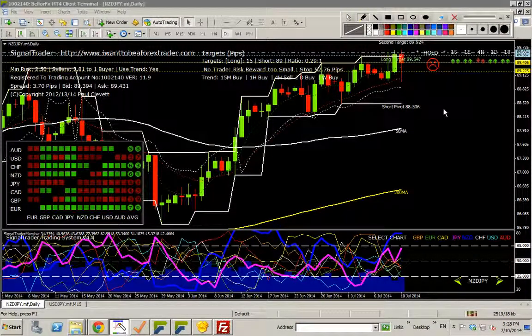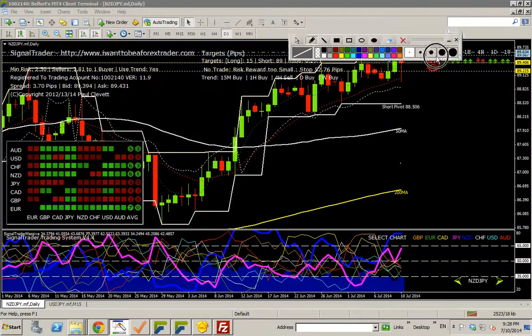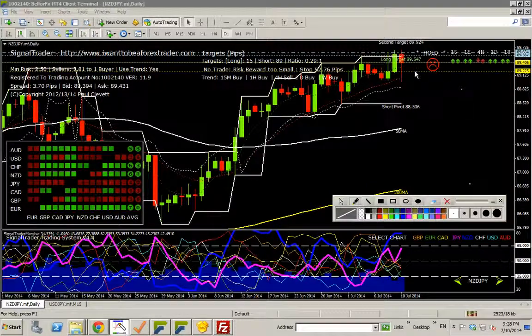The first thing we do is we only trade if we're above the 50 period moving average on the daily chart, we trade long. If we're below it, we trade short. In this case, we're looking at New Zealand yen, and it plots a kind of trend plot that shows some targets.